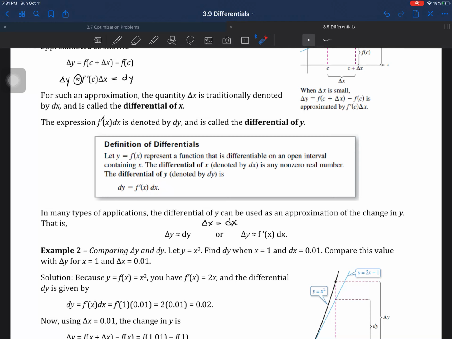Now, if you guys notice, think about this. Let me write this. The differential of y is f prime of x times delta x. That's what we're claiming. So look at this. If you decide to divide both sides by dx, what do we get?